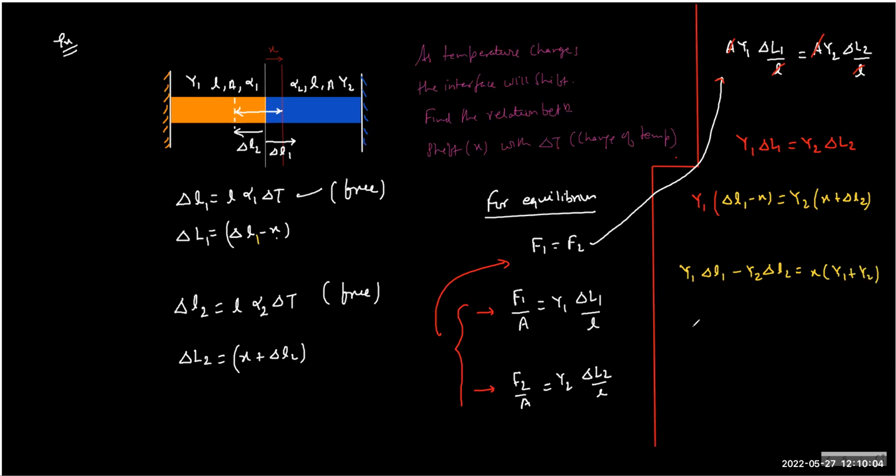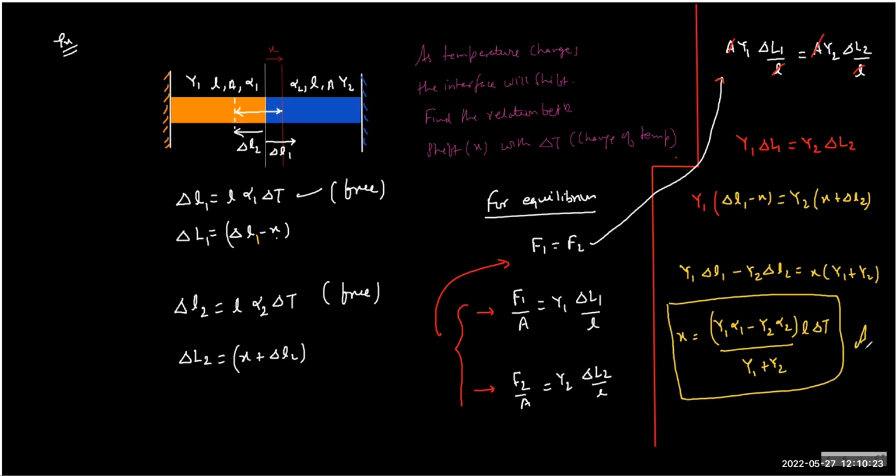So, and delta L1 is how much? L alpha. Okay, so I can take alpha. So what will be the condition for no shift? For no shift condition, we must write Y1 alpha 1 equals to Y2 alpha 2.